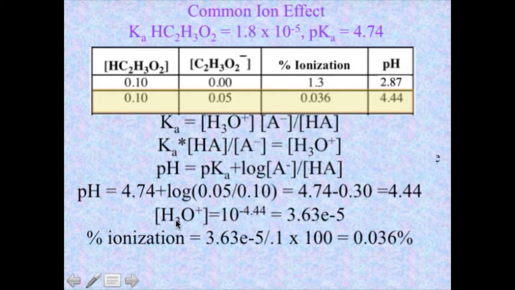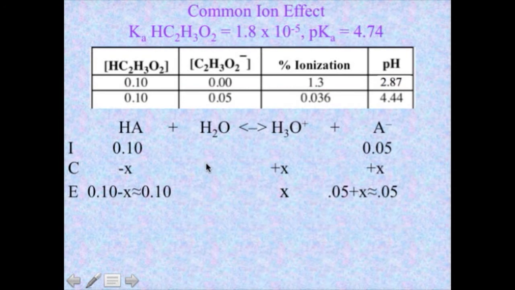Solving for concentration of hydronium ion, we get 3.63 times 10 to the minus 5, and the percent ionization is therefore that value divided by 0.1 times 100, or 0.036%.